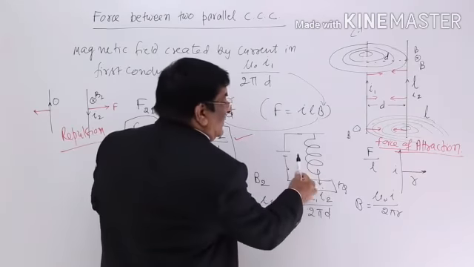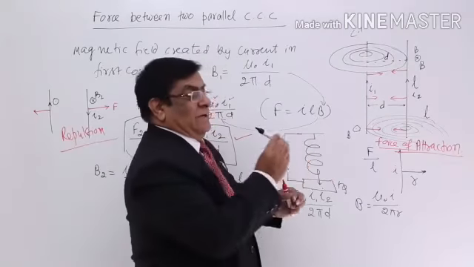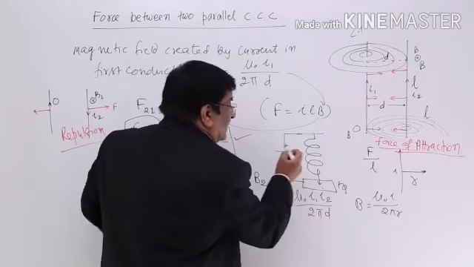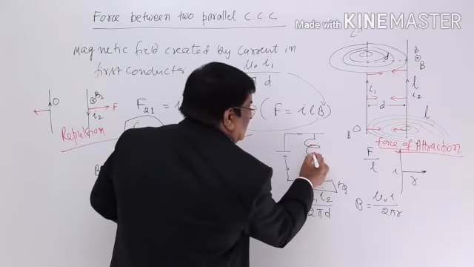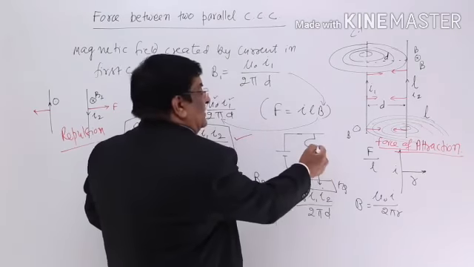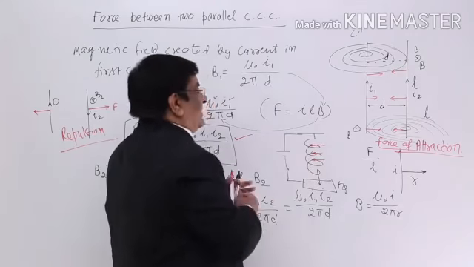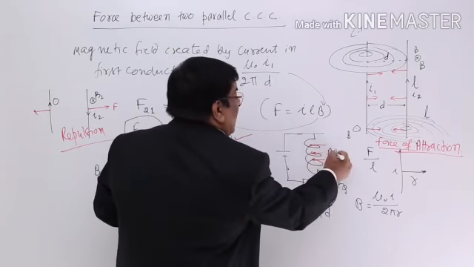All these parallel conductors which are carrying current in the same direction, this direction, this direction. So all this current in this direction, same direction, they will get attracted, the spring will become short. The spring will become short because there is attraction.